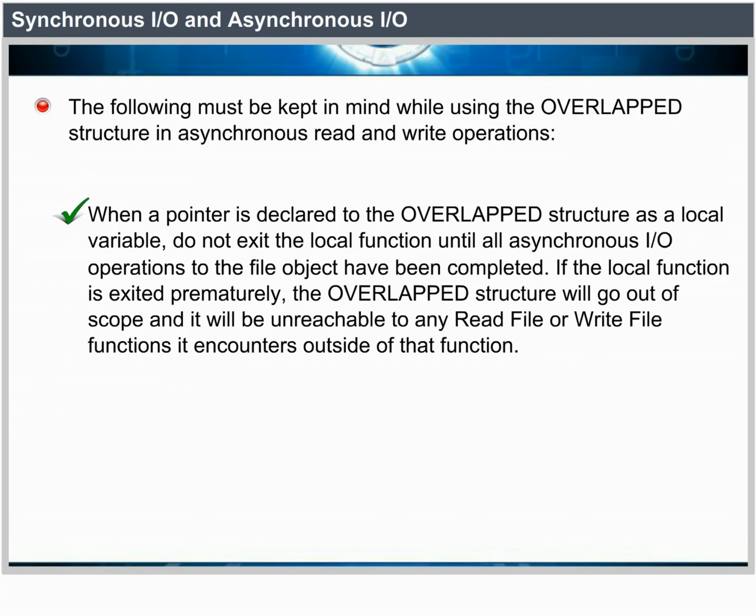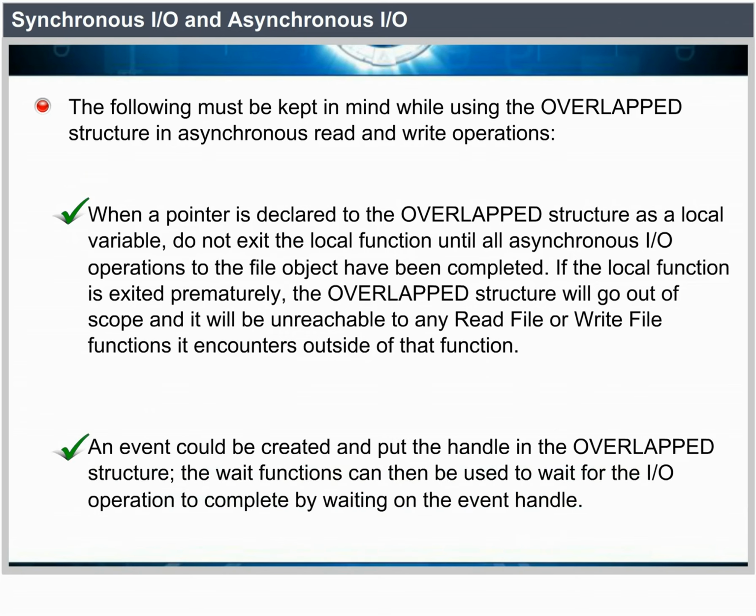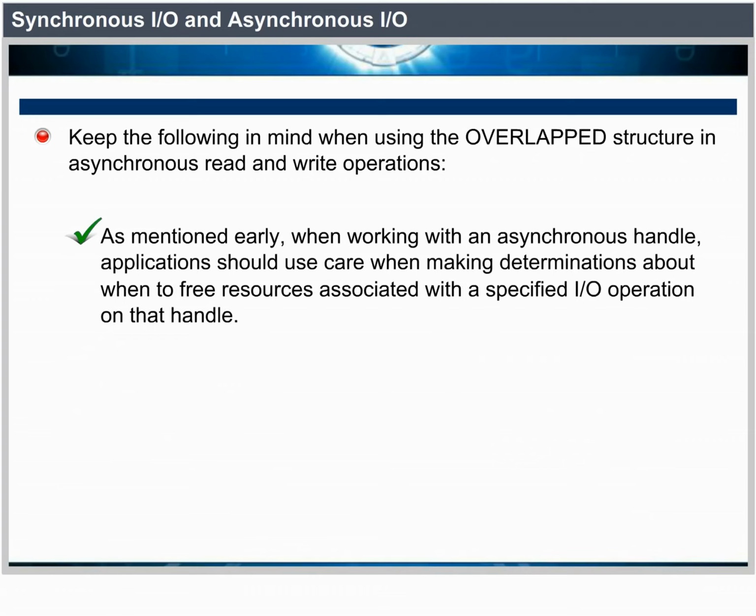You can also create an event and put the handle in the overlapped structure. The wait functions can then be used to wait for the input-output operation to complete by waiting on the event handle. As previously stated, when working with an asynchronous handle, applications should use care when making determinations about when to free resources associated with a specified input-output operation on that handle.